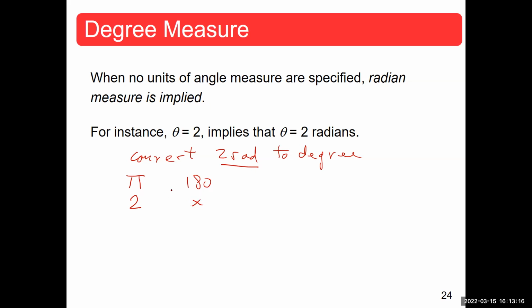So the way you do it, you multiply, divide by. X equal 2 times 180 divided by pi. How much is that?